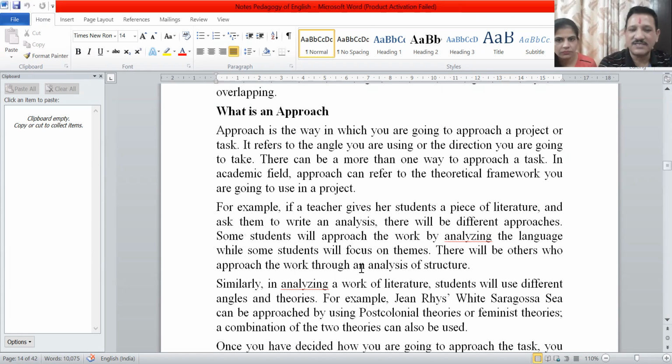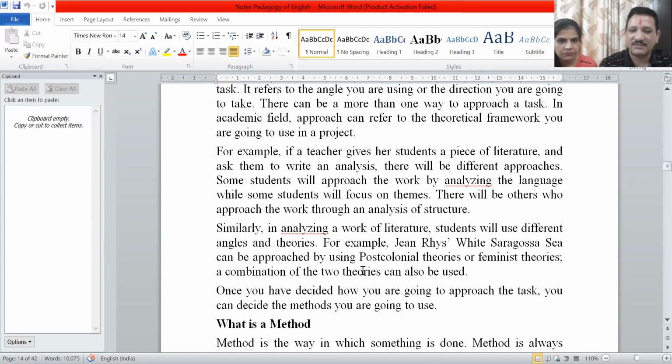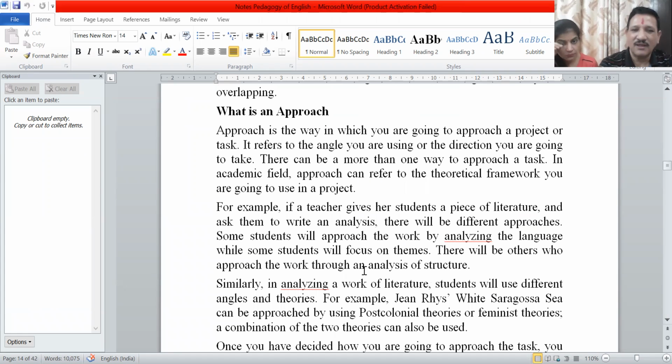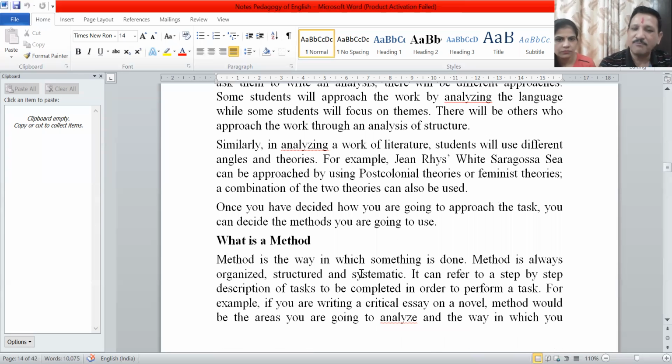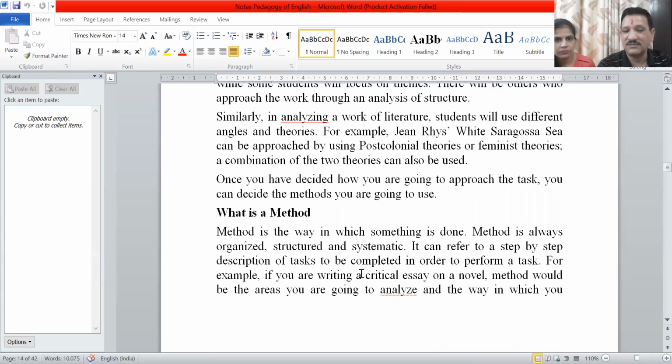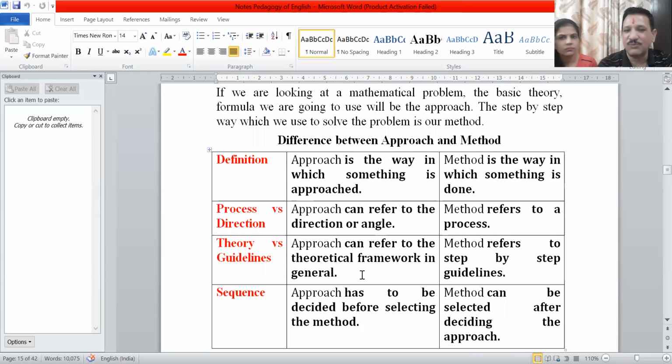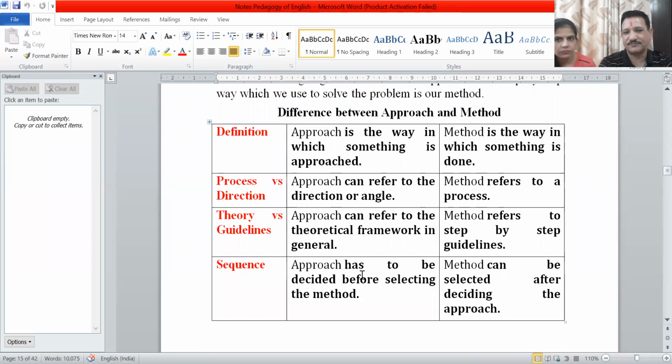Then there are some differences between approaches and methods. Approach is the way in which you are going to approach a project or task, whereas method is the way in which something is done.